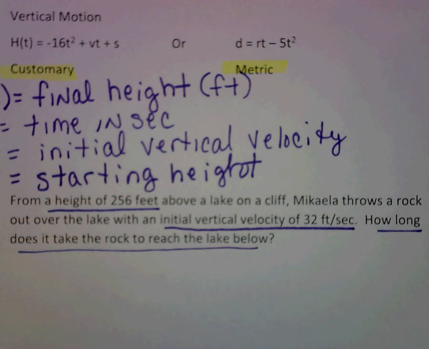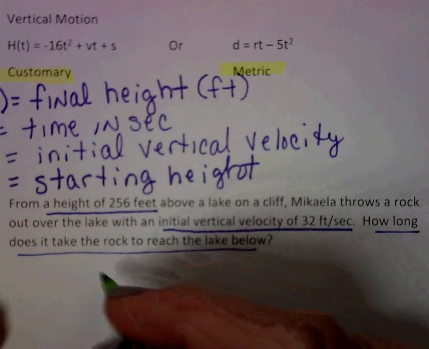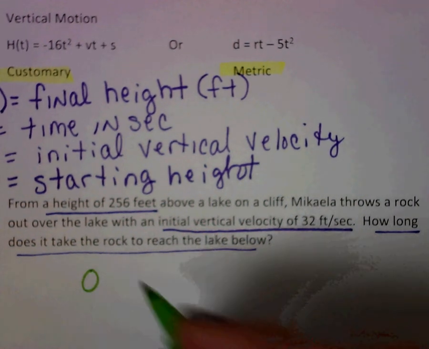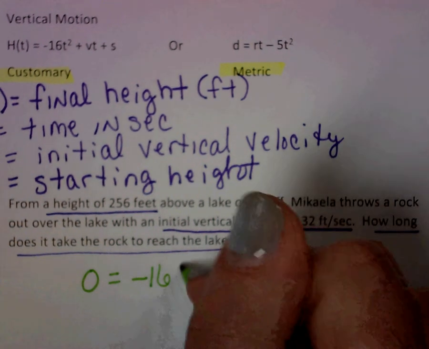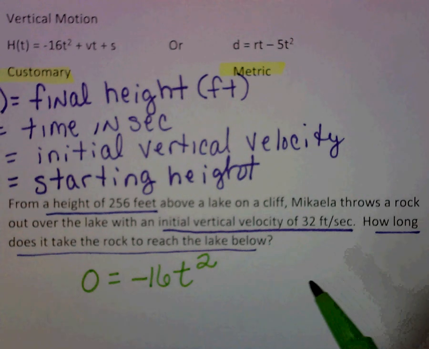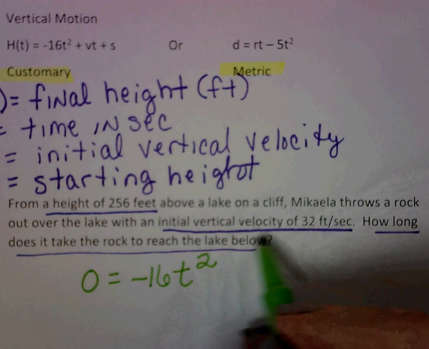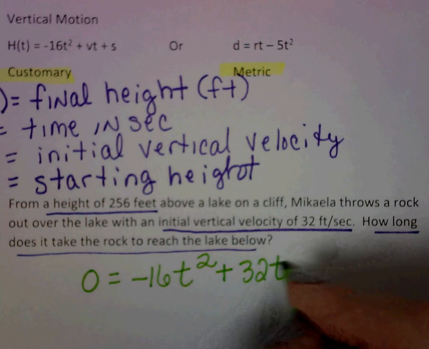Our h of t, our final height, if we're looking for where it reaches the lake surface, is going to be 0. The negative 16 is a constant, so I'm keeping it negative 16t squared because we're looking for the time. Our v, or initial vertical velocity, is 32, so plus 32t.